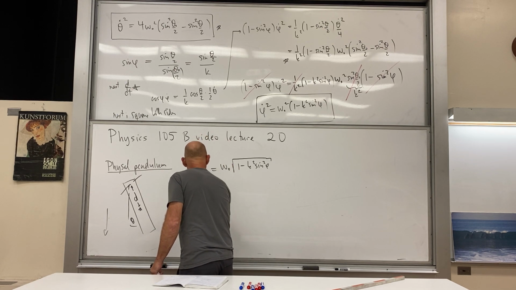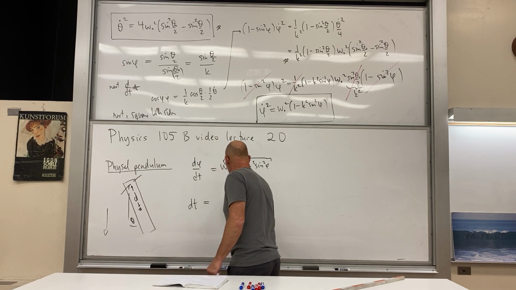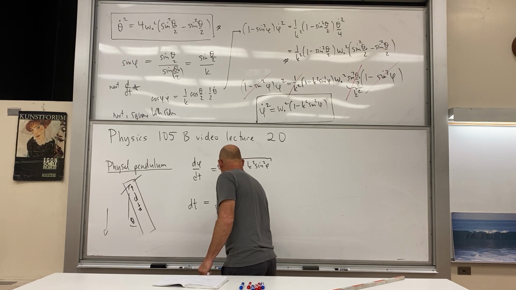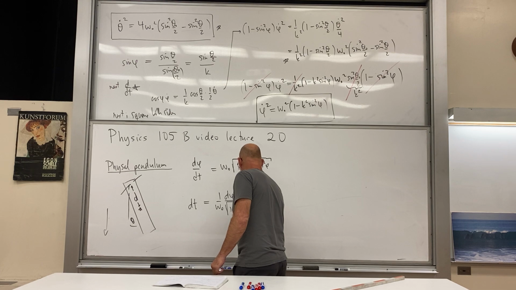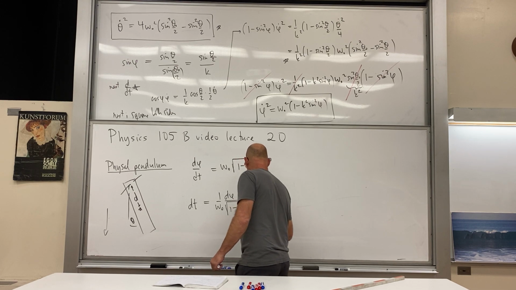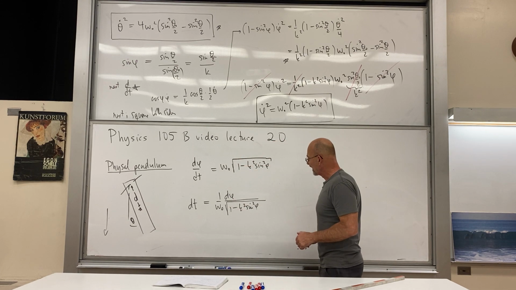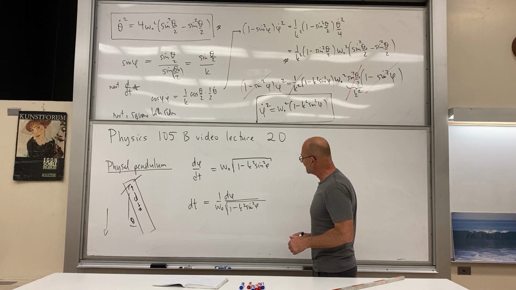So we have dt is equal to 1 over omega naught d phi over root 1 minus k squared sine squared phi. And we can, of course, integrate both sides.